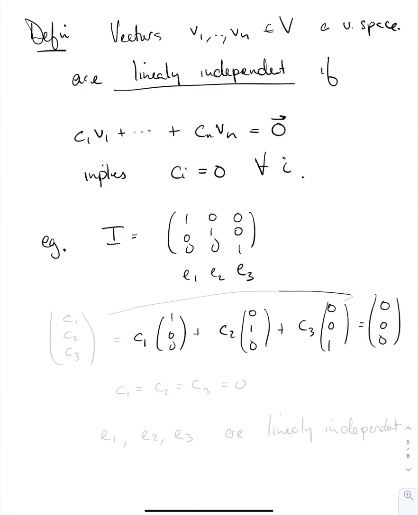Well, by addition, we know that this is equal to the vector (c_1, c_2, c_3). And by the equality of matrices, how that's defined, this means that c_1 is equal to c_2, is equal to c_3, is equal to 0, because of this string of equalities. So e_1, e_2, and e_3 are linearly independent.